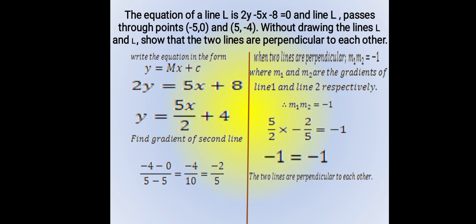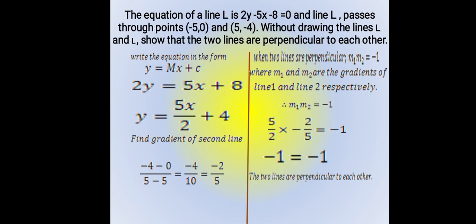Now, we write the lines in the form y is equal to mx plus c. In this form, m is the gradient of the line. So, you can see the computation there to make the line y is equal to mx plus c, and we get y is equal to 5 over 2 x plus 4.